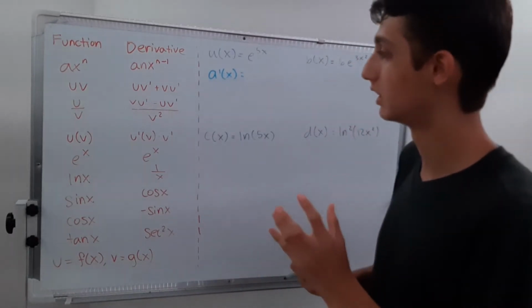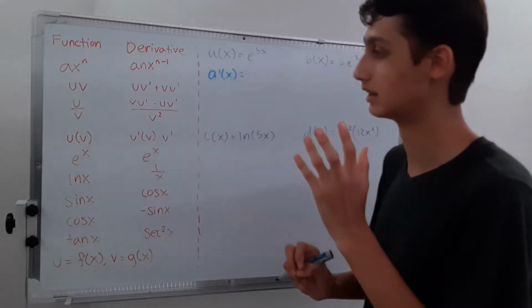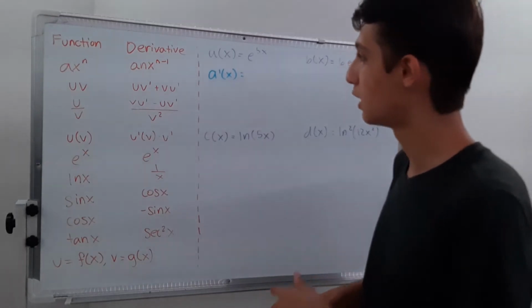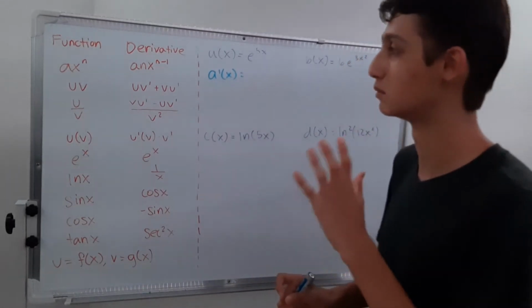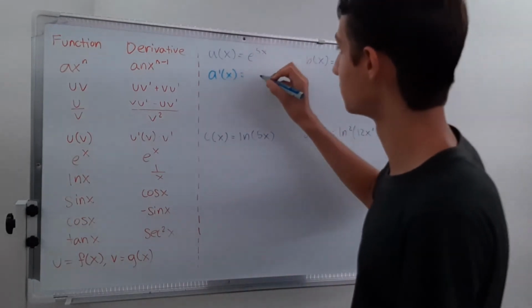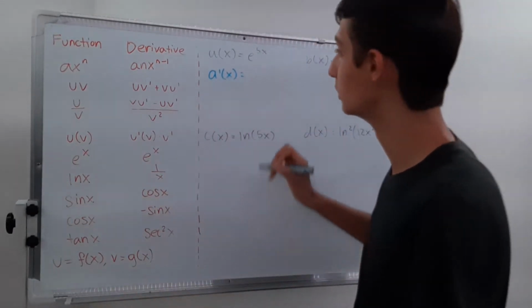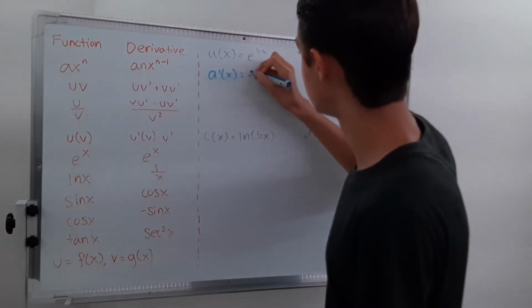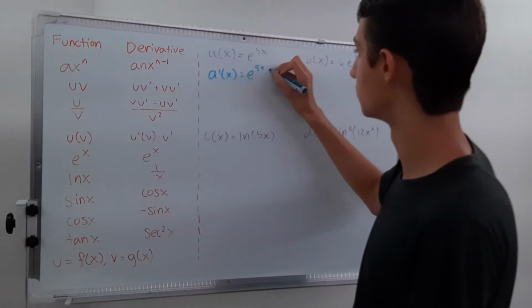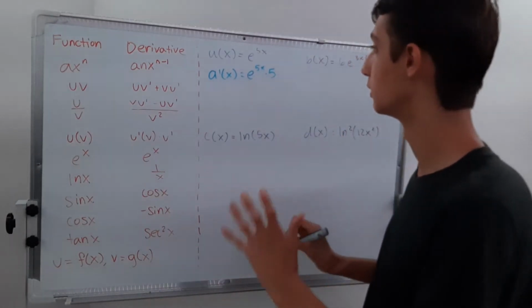It's hard to appreciate if you don't really know much about derivatives and how they work, but it's amazing. Anyway, we're going to use the chain rule. So e to the 5x. Again, 5x is like our u. So this is just simply e to the 5x times the derivative of 5x, which is 5. 5e to the 5x. That's it.